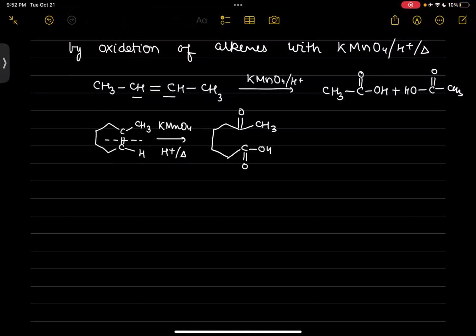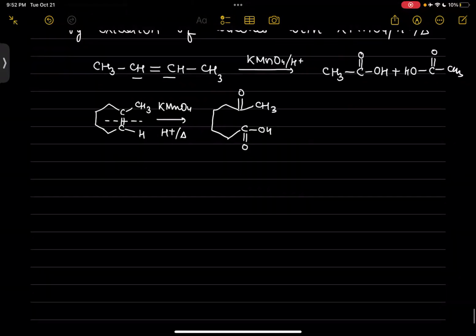Similarly, oxidation of alcohol is the most common method for the preparation of carboxylic acids.